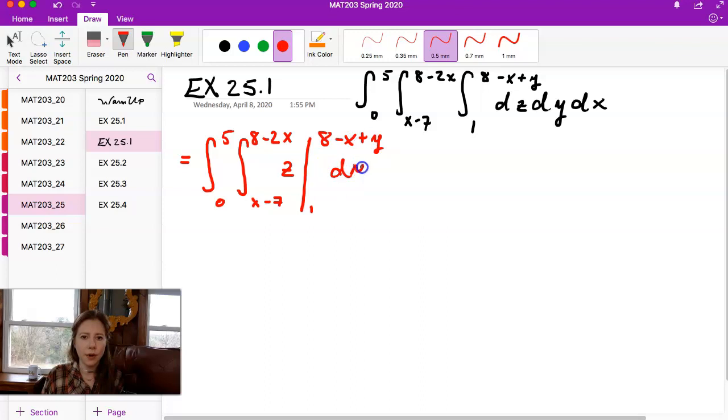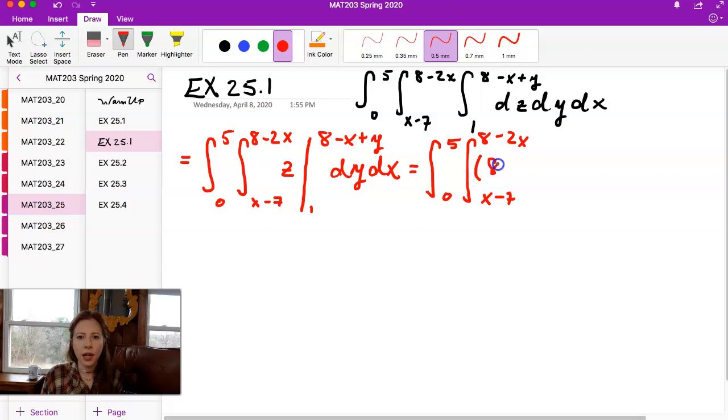And we have our dy and our dx left over. And so this is going to become the integral from 0 to 5, and from x minus 7 to 8 minus 2x. Okay, so then we just need to plug in 8 minus x plus y for our z. And then we have to subtract off, plugging in 1 for our z. And we still have dy dx.